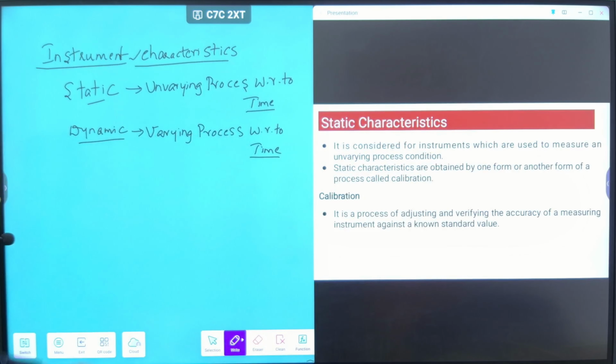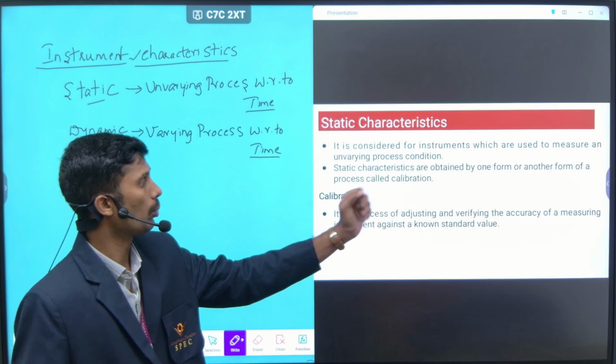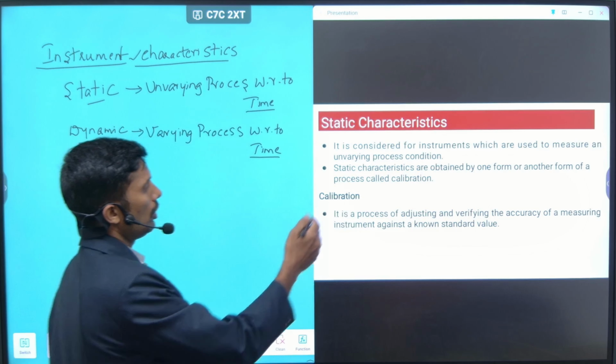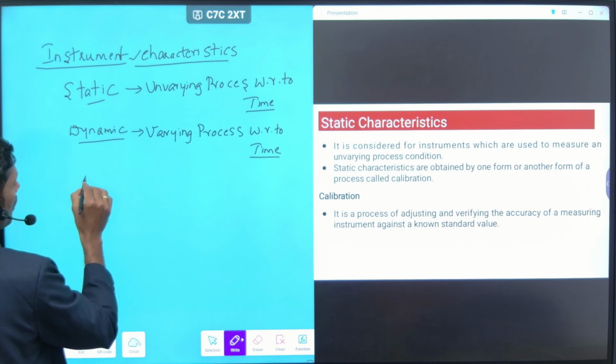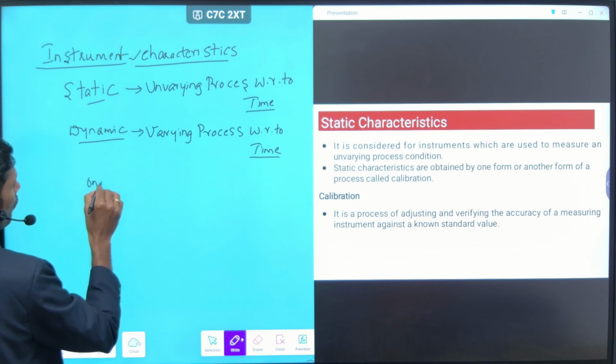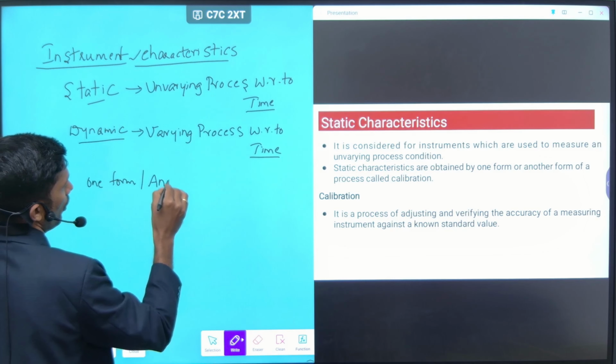In static characteristics, as we already discussed, we measure an unvarying process condition. Here we can measure the quantity in one form or another form.